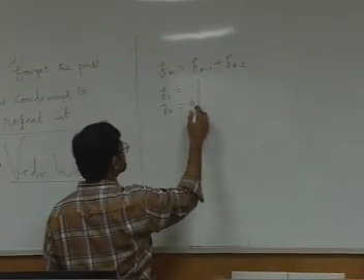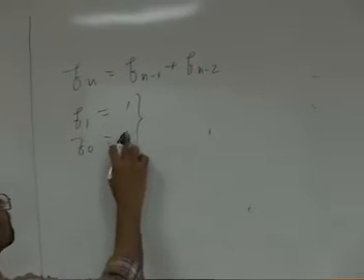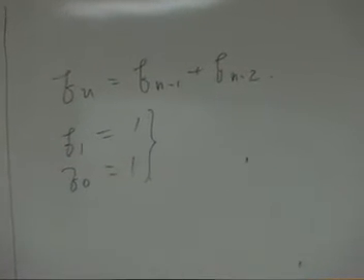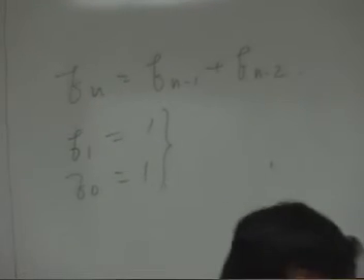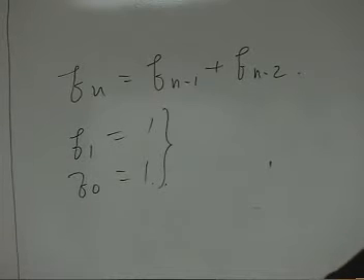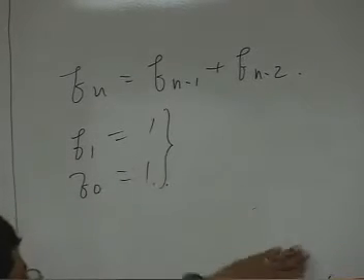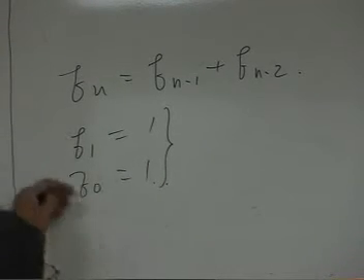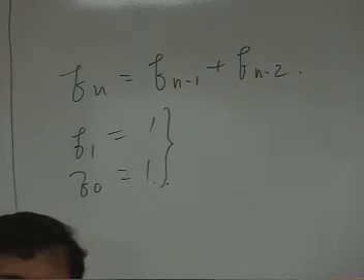You can have it as 1, it doesn't matter for our illustration. So you have base case values, and this is the recurrence.